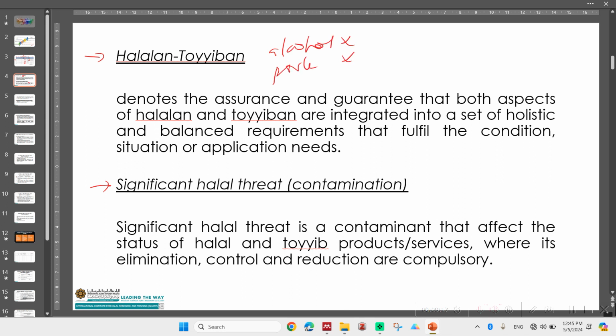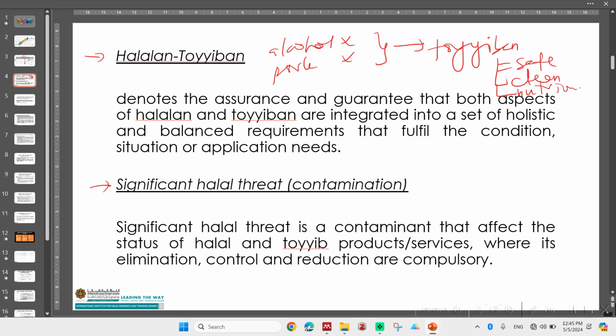But you have to take note as well that this also covers the topic of toiban. When we talk about toiban, it should be safe, clean, and nutritious.